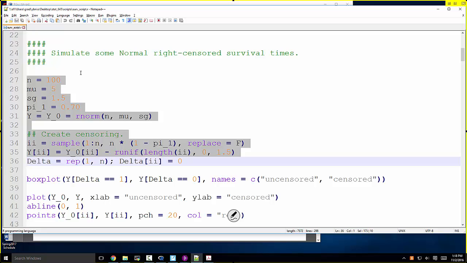I'm going to randomly generate some positive numbers to subtract off of the actual death times. And for each of those individuals, we're going to write down delta equals 0, right censored.